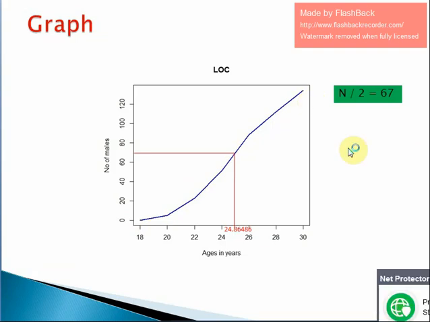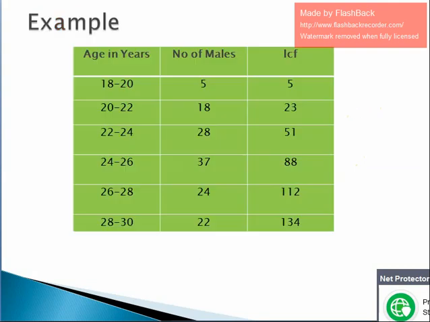The use of the less than ogive curve or more than ogive curve is to locate the value of median. Then how to locate the value of median? For that purpose, we need to calculate the value of n by 2. N is the total number of frequencies, which is nothing but the last cumulative frequency.